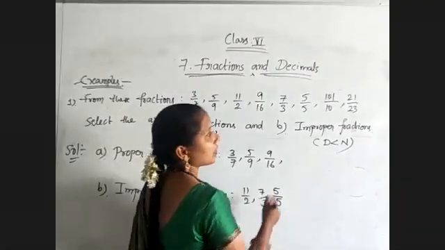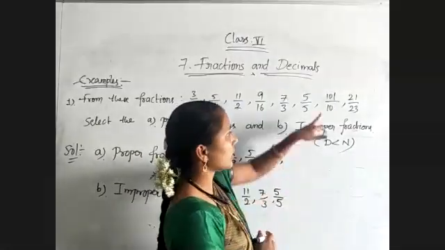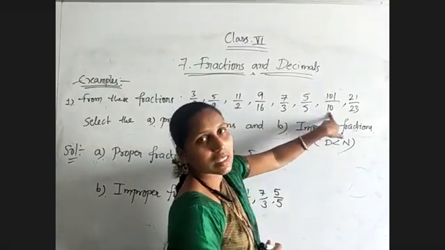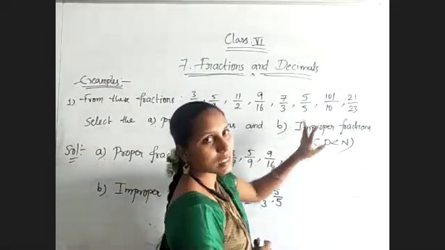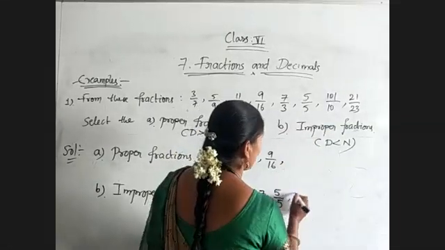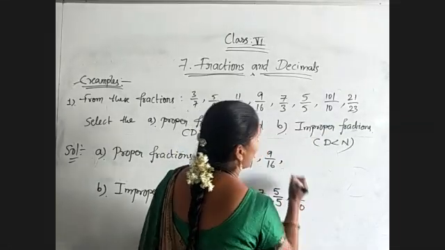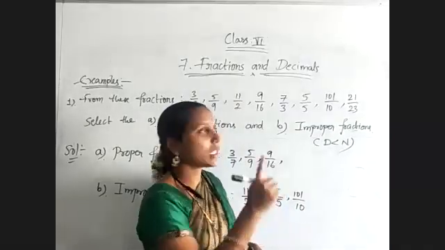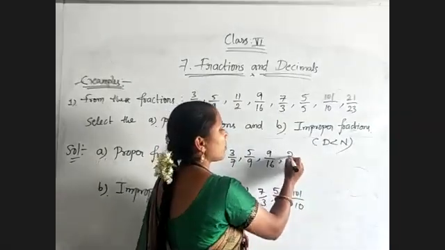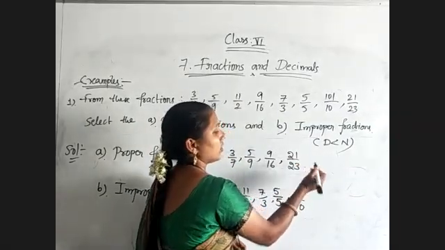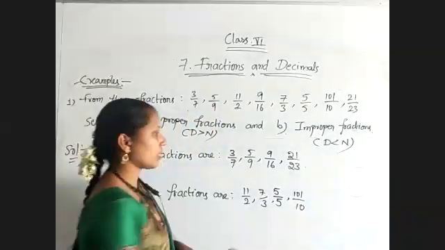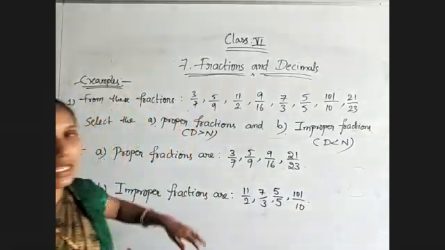And then 101 by 10, the denominator is lesser than the numerator, so it is also an improper fraction. 101 by 10 and 21 by 23, 23 is more than 21, so it is a proper fraction. That's all. So how many fractions are given in the question?